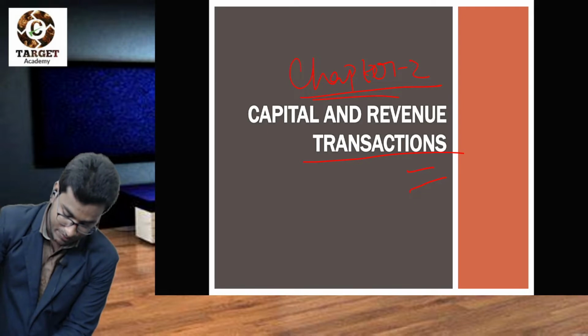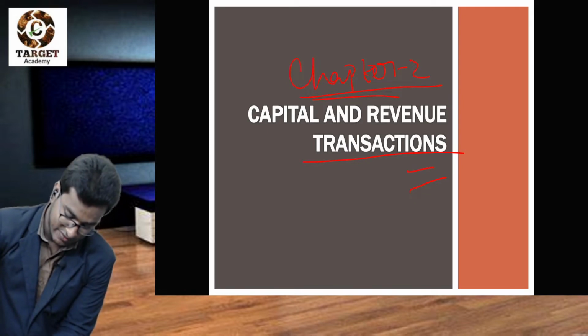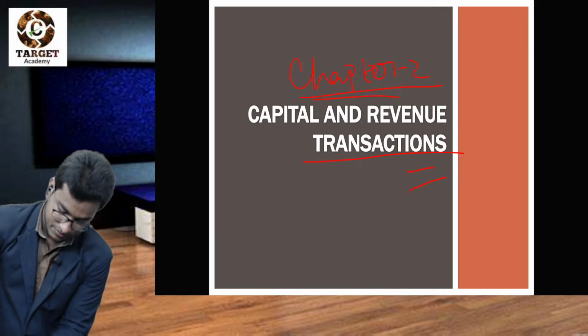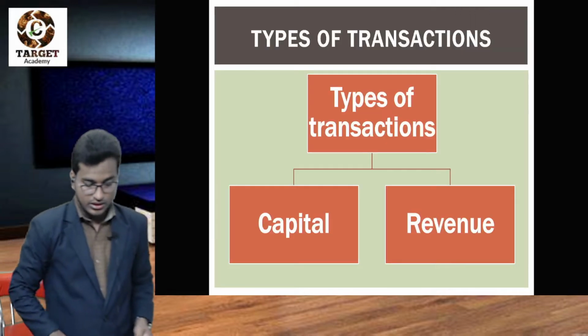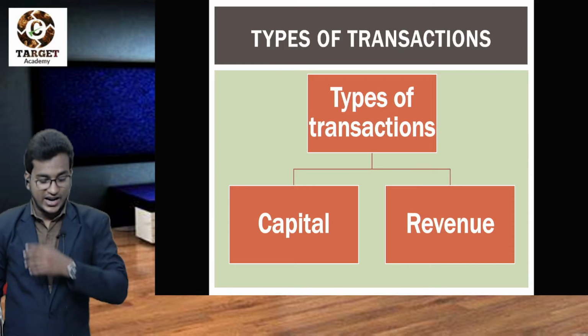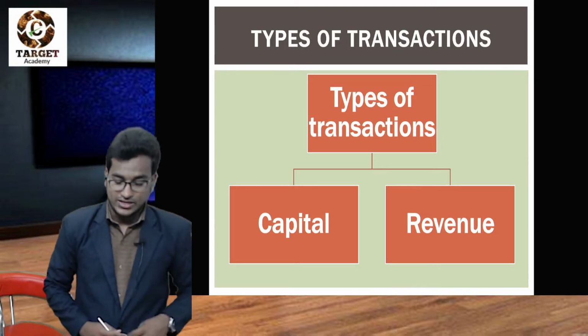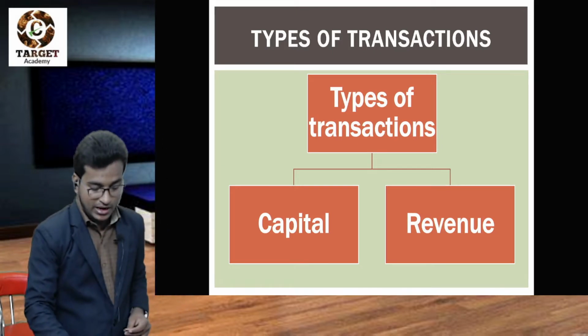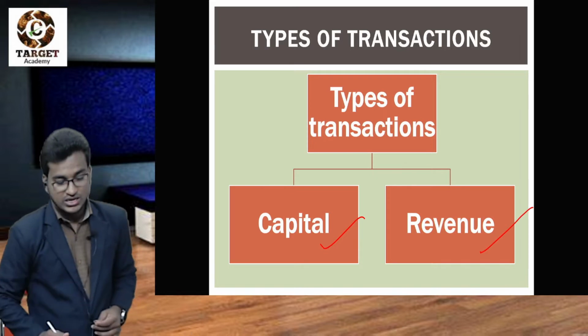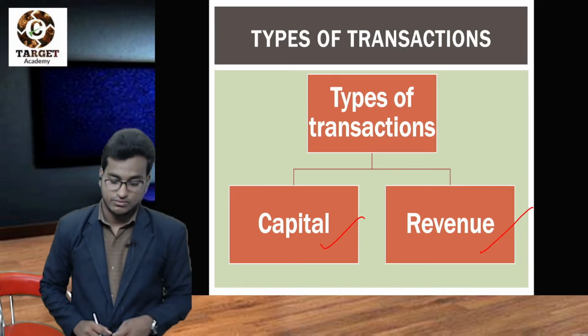First of all, put a heading, chapter number 2, capital and revenue transactions. Then write a first slide, types of transactions. Under that, first one capital transaction, second one revenue transaction.